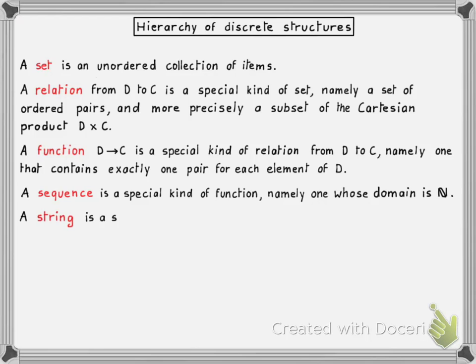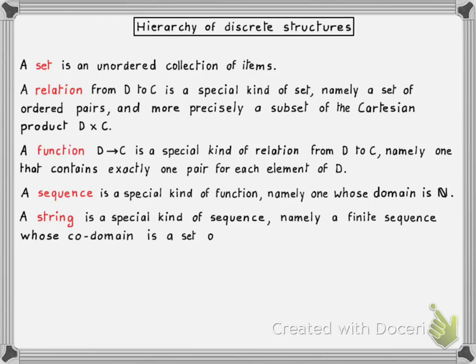And finally, a string is a special kind of sequence. Namely, it's a finite sequence whose codomain is some set of characters. Indeed, a string is nothing but an array of characters, and an array is just a sequence.